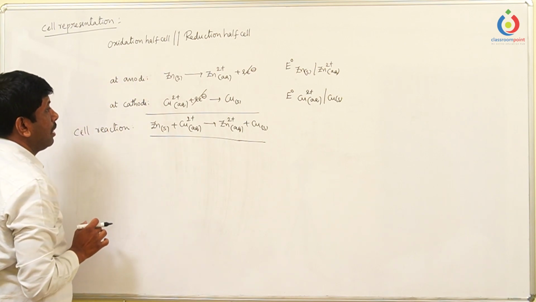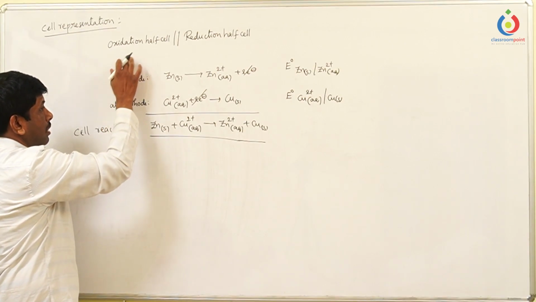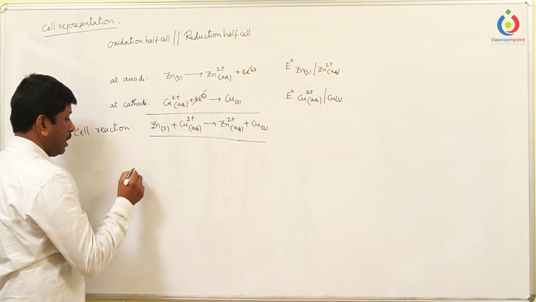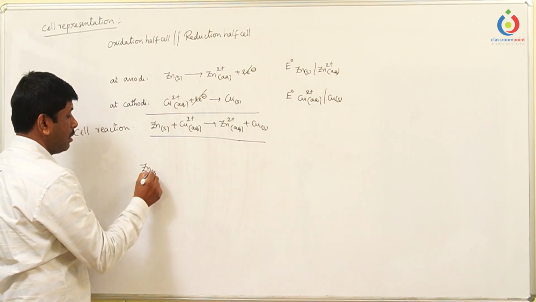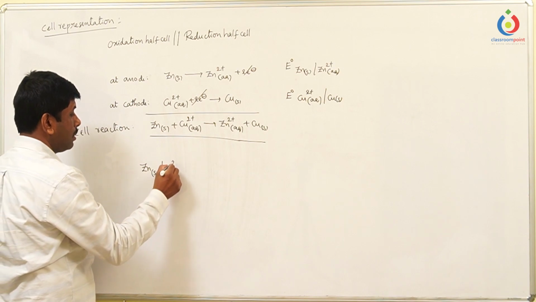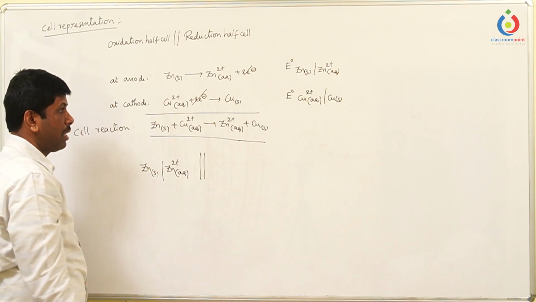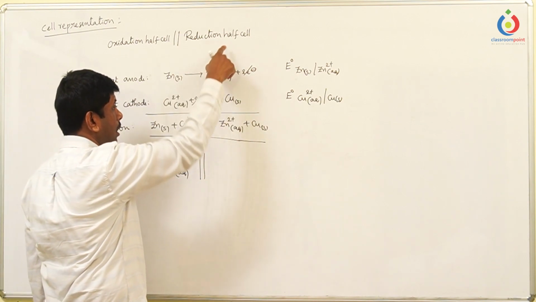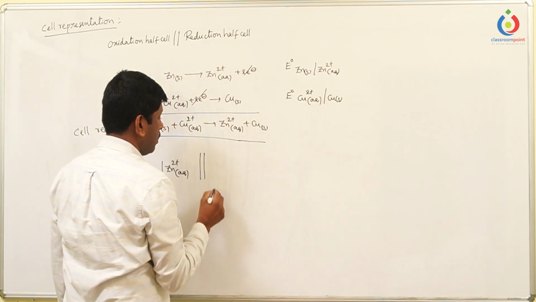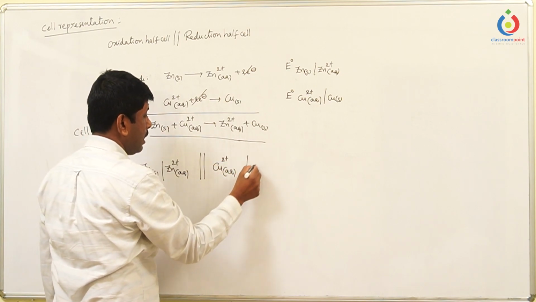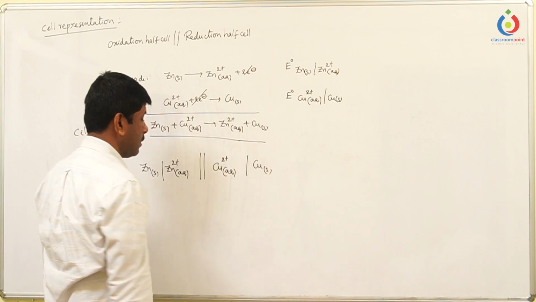We start with the oxidation half cell. Which is the oxidation part? This is the oxidation part, so we write zinc solid by Zn2 plus aqueous, separated by a double vertical line. Next, the reduction half cell. The reduction part is this one, so we write Cu2 plus aqueous by Cu in solid state.